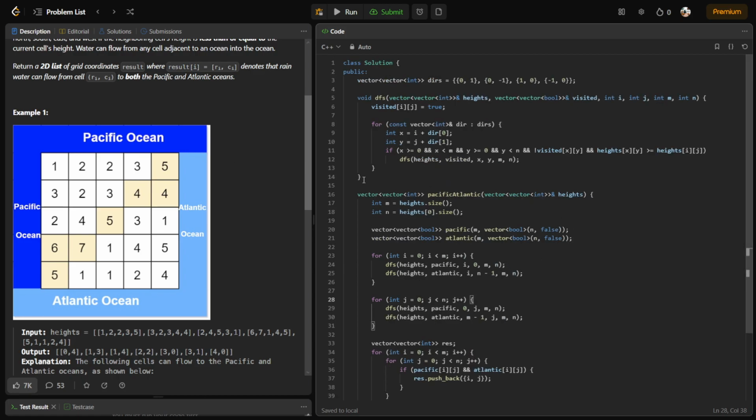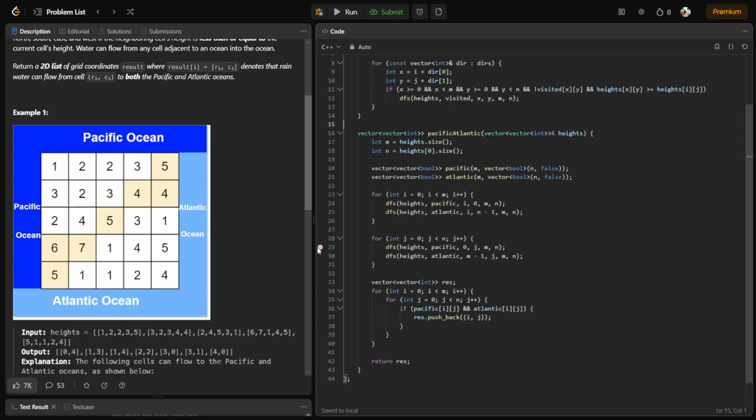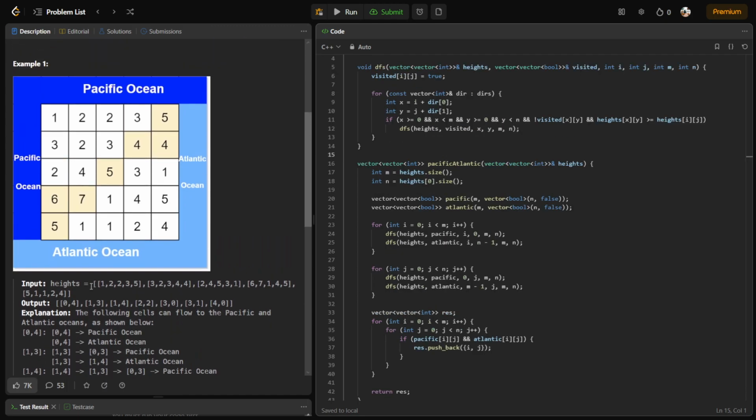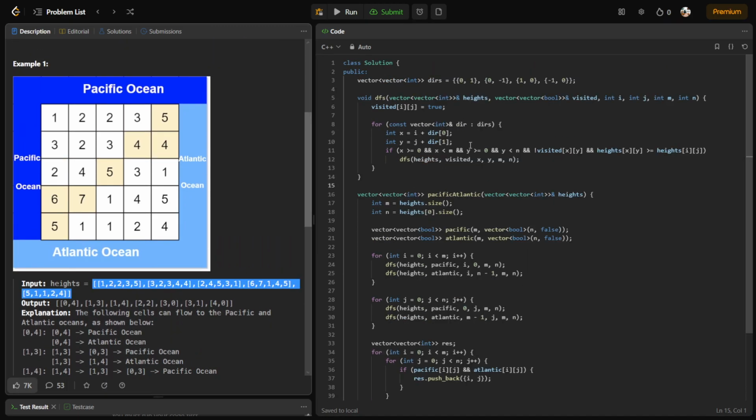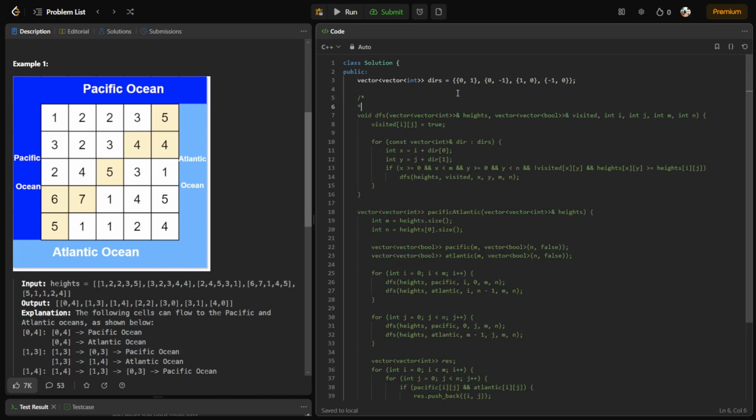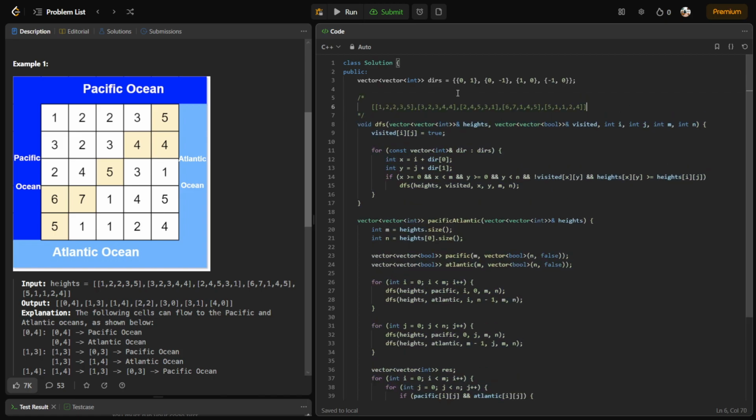In the depth first search function, whenever we have visited a cell, we will mark it as true. What I mean by that is, for simplicity, I'll have a visual example.